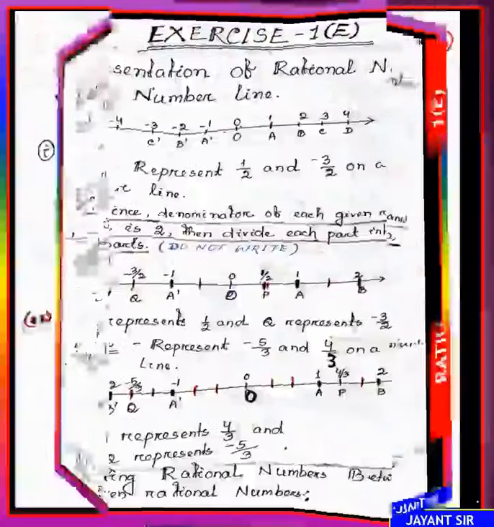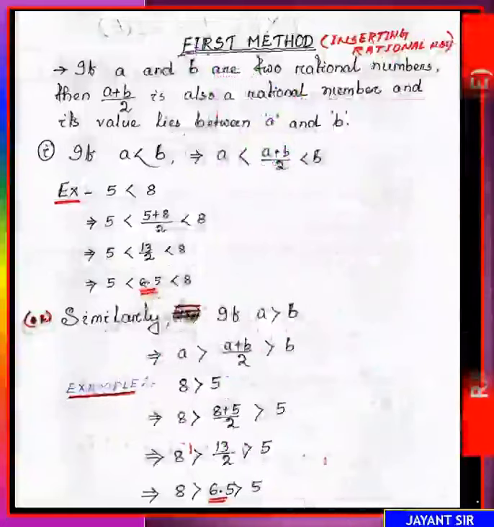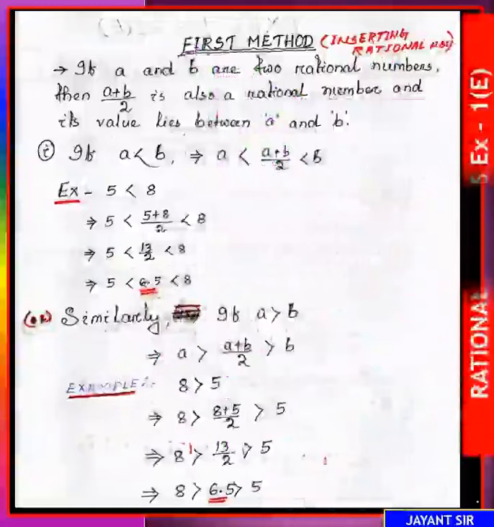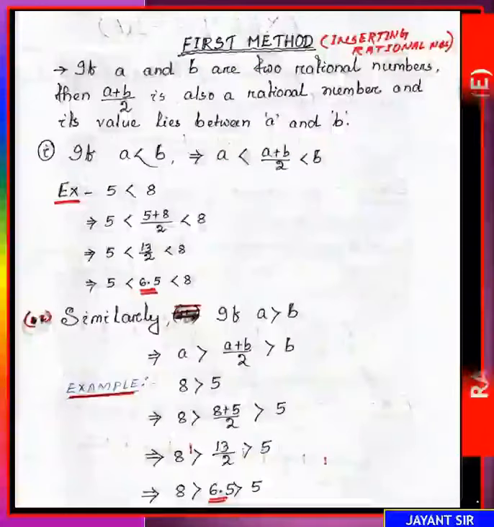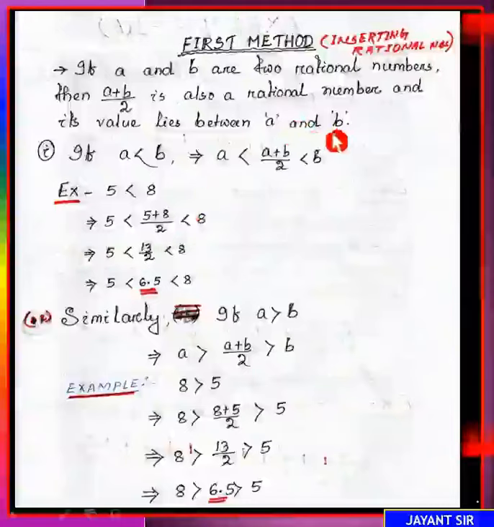So now we are going that way also: the first method of inserting rational numbers. If A and B are two rational numbers, then A plus B divided by 2 is also a rational number. That means its value lies in between A and B.